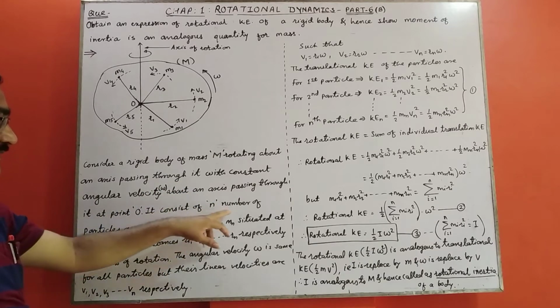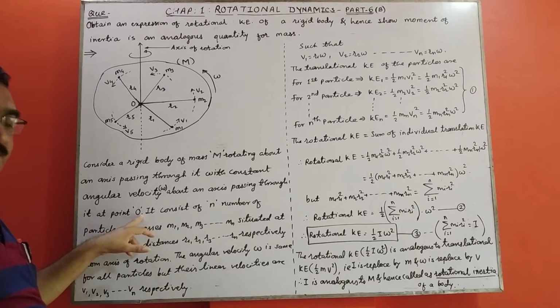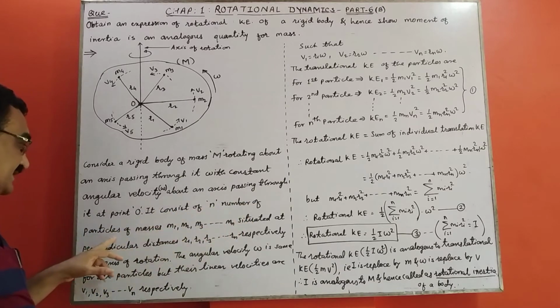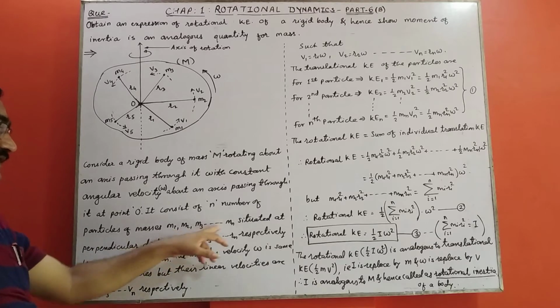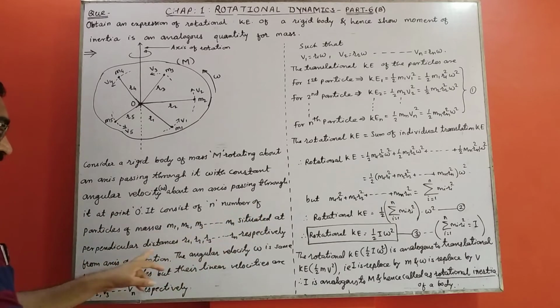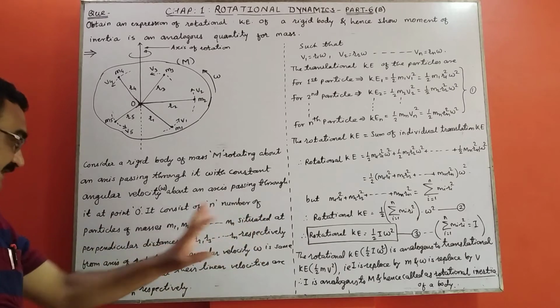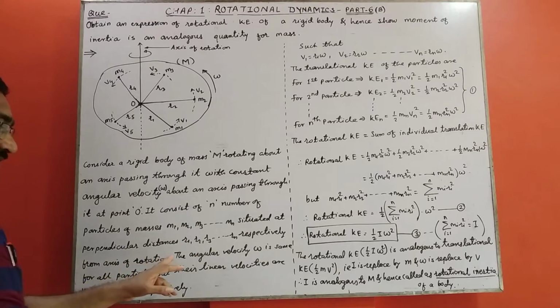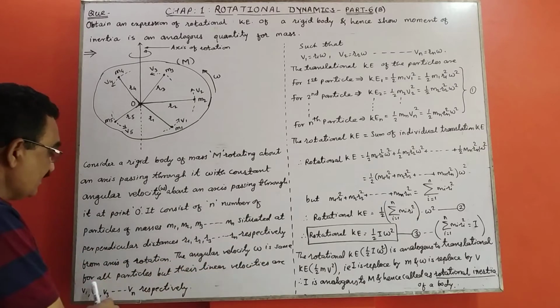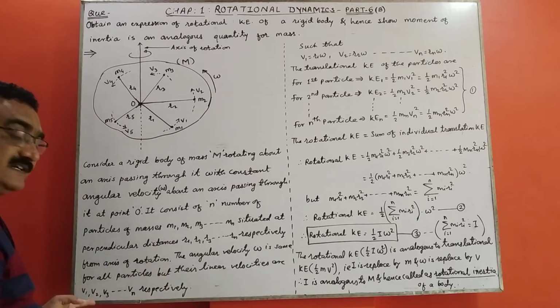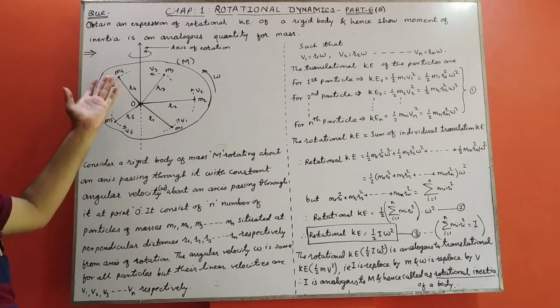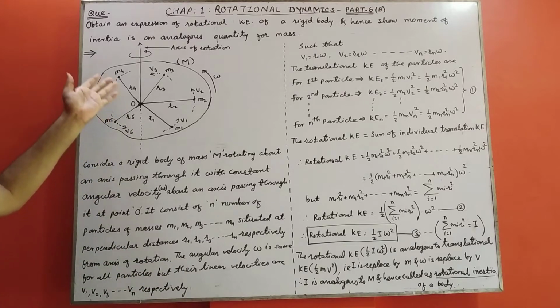It consists of n number of particles of masses m1, m2, mn situated at perpendicular distances r1, r2, rn respectively from the axis of rotation. The angular velocity omega is the same for all particles, but their linear velocities are different, that is v1, v2, like the previous explanation from the diagram.